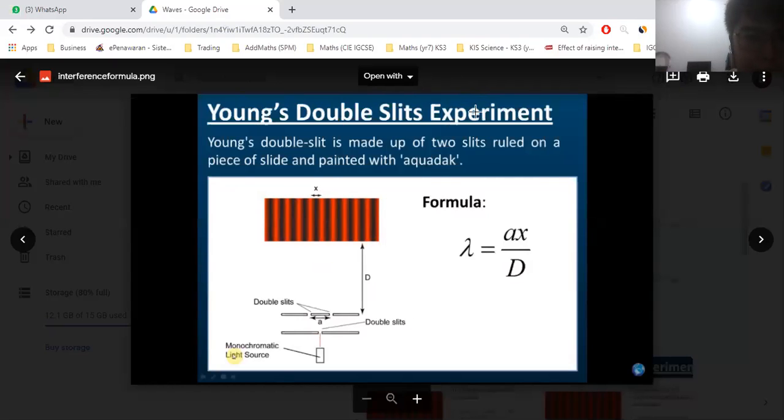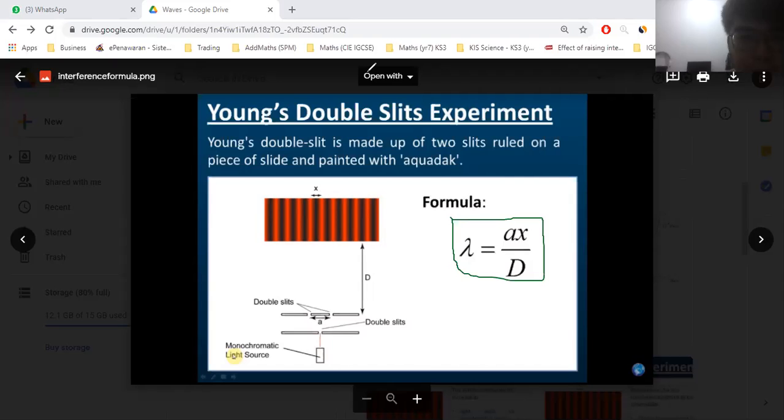Now Young's double slit experiment，Young 是一个 scientist 来的。这个 scientist 他 study 那个 light，他 study diffraction and interference of light，然后他把他的 experiment 称为 the double slit experiment. Okay, so here you see the formula is the same. Just now we talked about that formula, right?